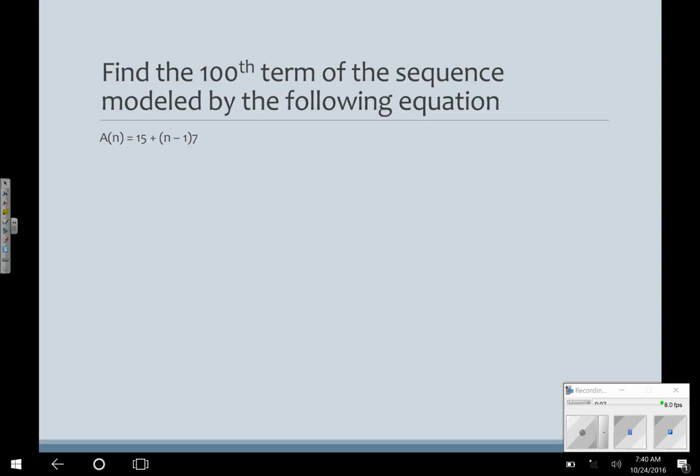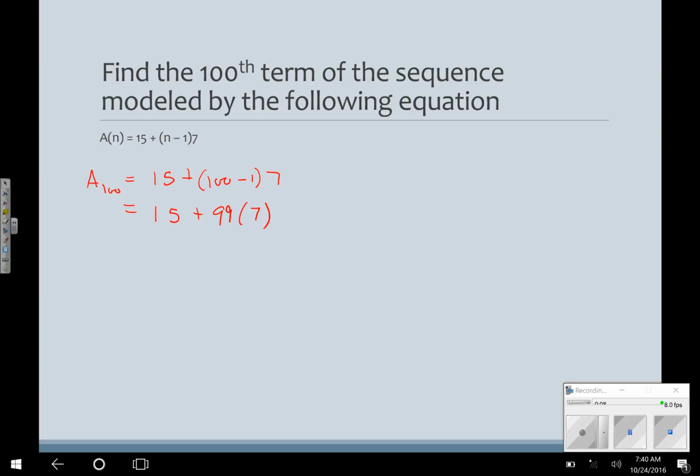All right, we're given a formula now. It says find the 100th term of the sequence modeled by the following equation. So all I'm going to do is plug in 100: a sub 100 equals 15 plus 100 minus 1 times 7. So it's 15 plus 99 times 7.